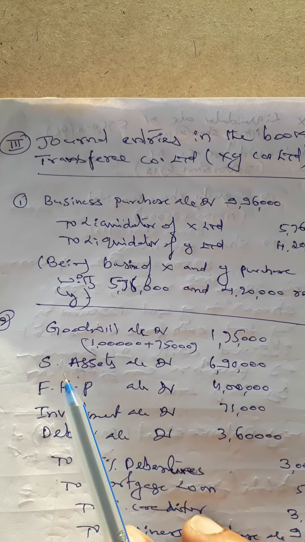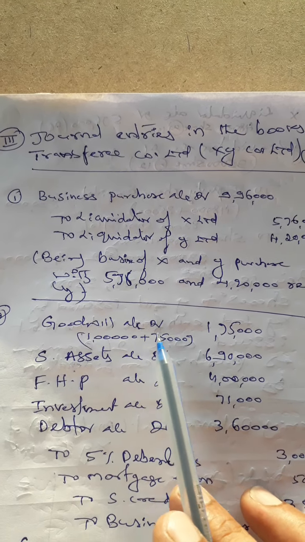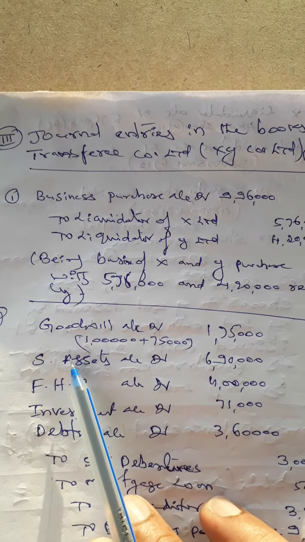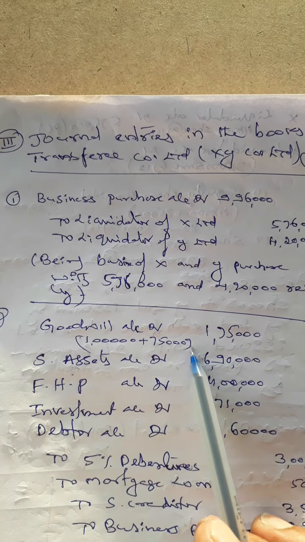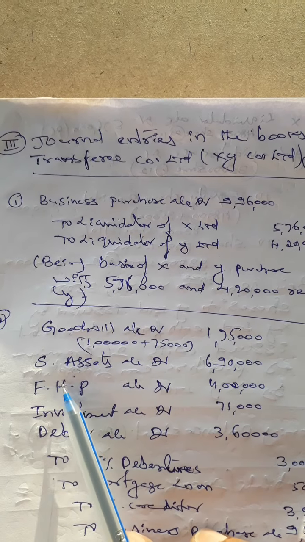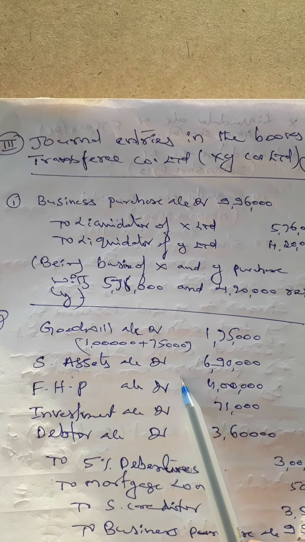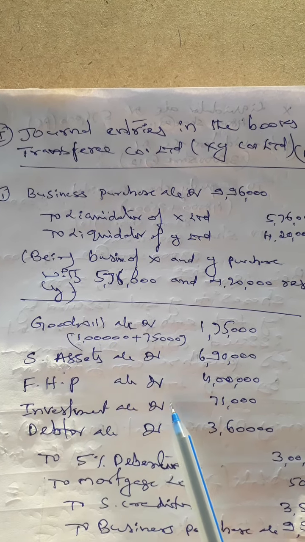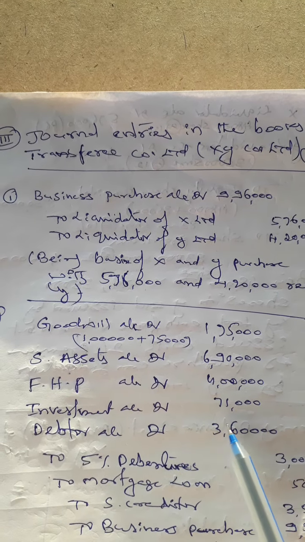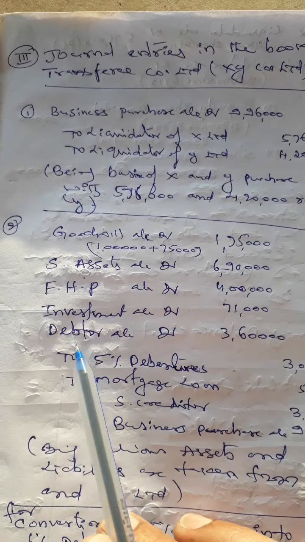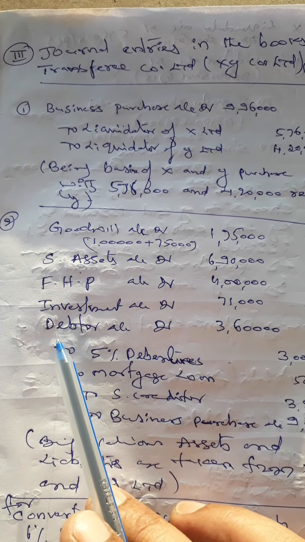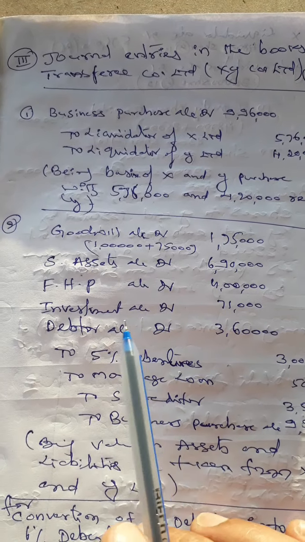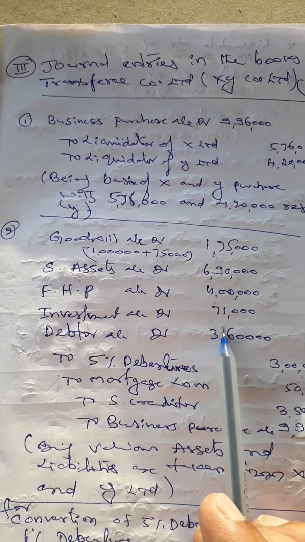Debit the goodwill account by adding both companies: goodwill of X 1 lakh, goodwill of Y 75,000, total 1,75,000. Debit the sundry assets, also taken over from the old companies. Next, freehold properties, debit with 4 lakhs by adding both companies. Next, investments of both companies. Debtors of both companies; if any provision for bad debts is given on the debtors, please show it as provision for bad debts. Debtors also we take over from the old companies.